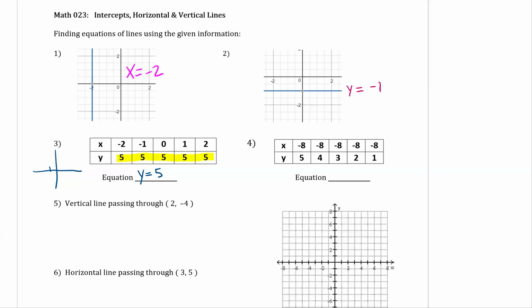And if you go to -2, 5, -1, 5, 0, 5, 1, 5, 2, 5, if you plot those points, you are going to see that this is a horizontal line going through 5. Number 4, all your x values are the same. The equation of this line is x equals -8. It is a vertical line.